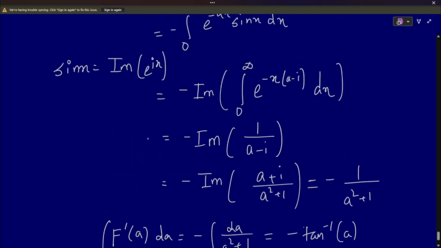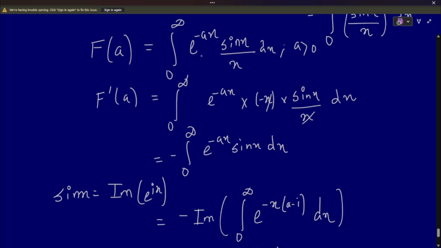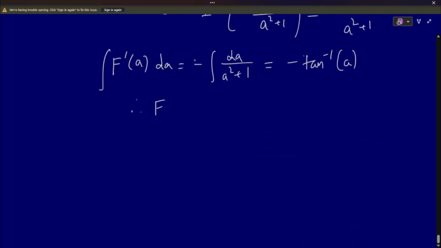The limits we want to apply are something like this. We know that f of 0 is our required integral, because f of 0 basically gives you sin x upon x. And if a tends to infinity, f of infinity basically gives you 0 because the first term here becomes 0. So we can do the limits like this: infinity to 0.